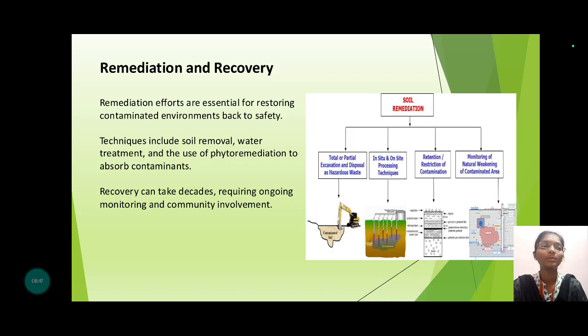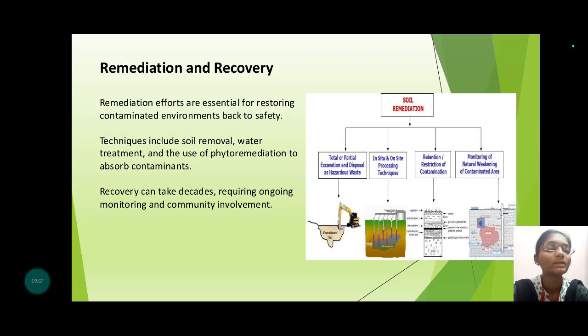And the soil remediation is of four types. Let us know what they are and their images. The first is total or partial excavation and disposal as hazardous waste.